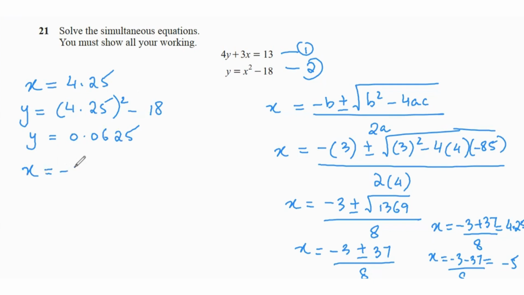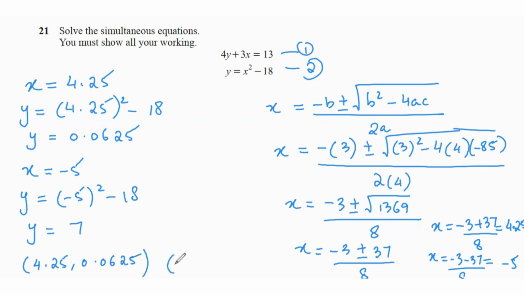When x is negative 5, y is going to be negative 5 squared minus 18, and that gives us 7. So if you write this as coordinates, 4.25 and 0.0625, along with minus 5 and 7. These are your solutions to this simultaneous equation.